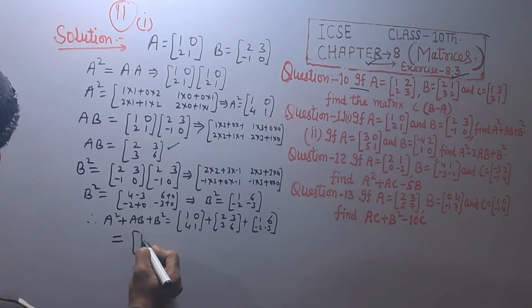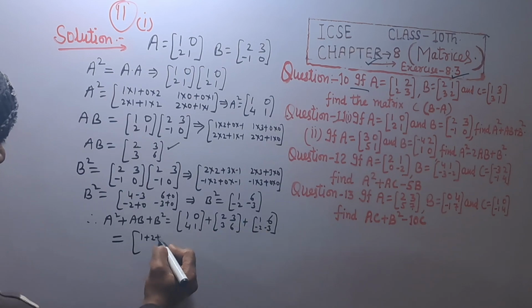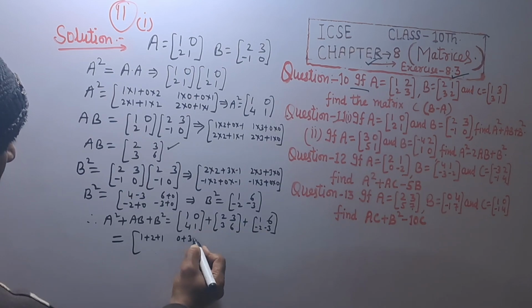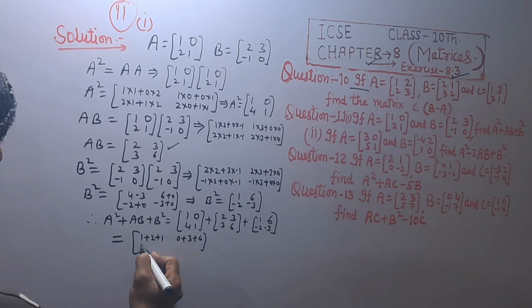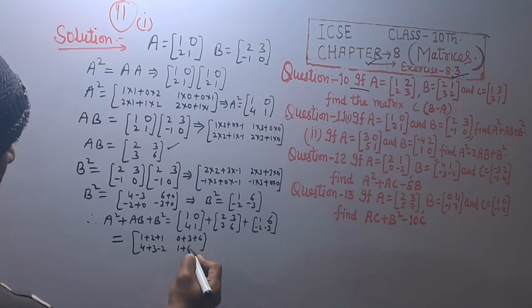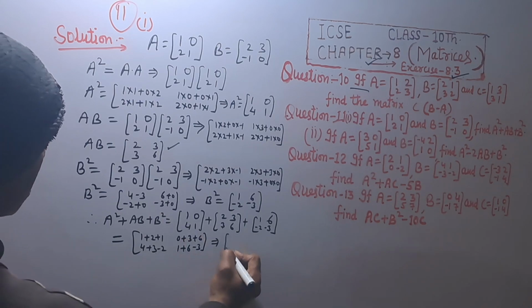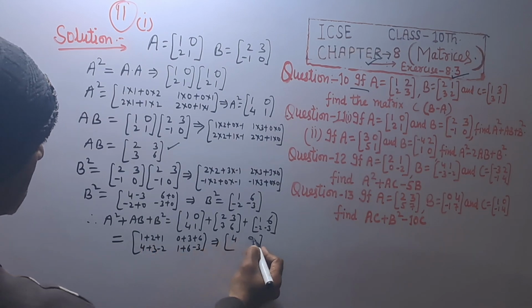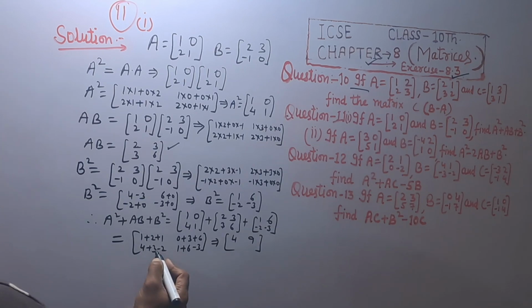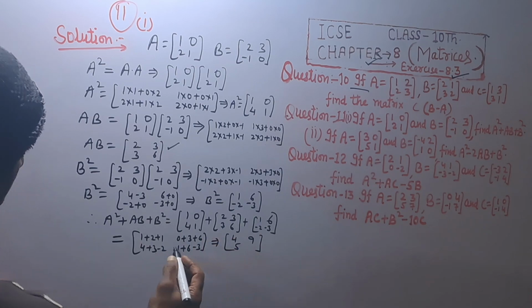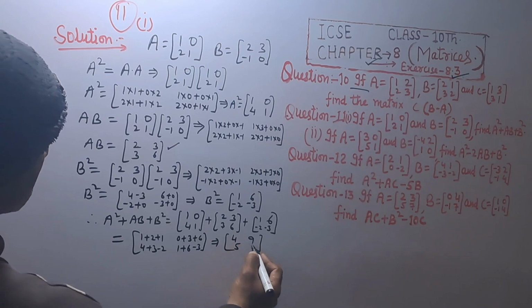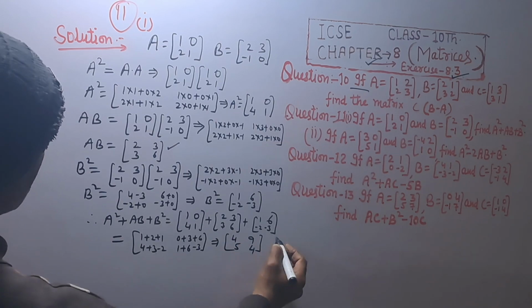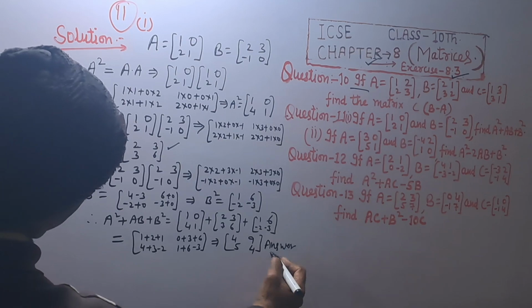So we get 1 plus 2 plus 1 and 0 plus 3 plus 6, 4 plus 3 plus -2, 1 plus 6 minus 3, which implies we get 1 plus 2 plus 1 is 4, 6 plus 3 is 9, 3 plus 4, 7, 7 minus 2 is equal to 5, 6 plus 1, 7 minus 3 is equal to 4. Answer.